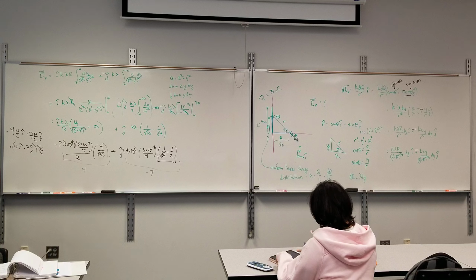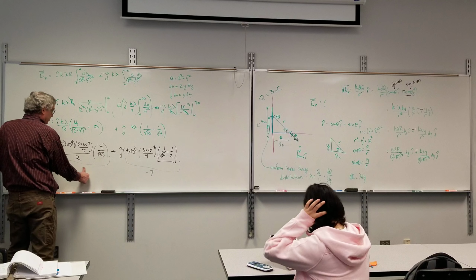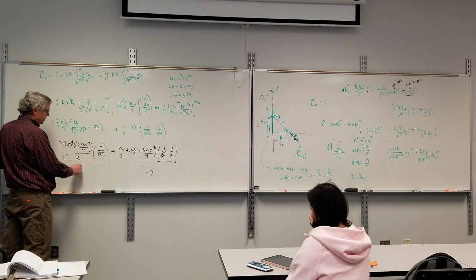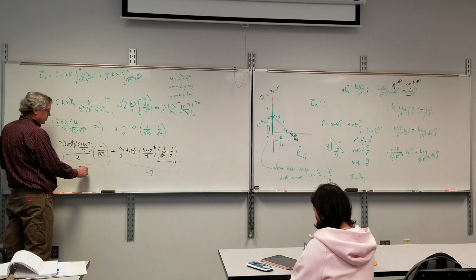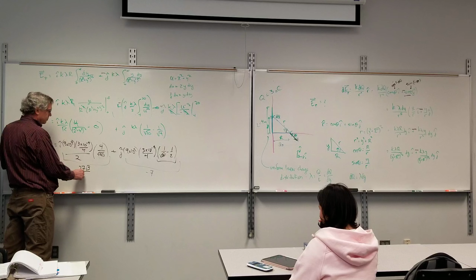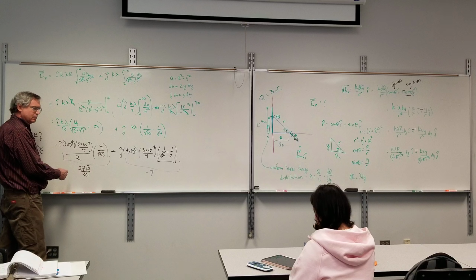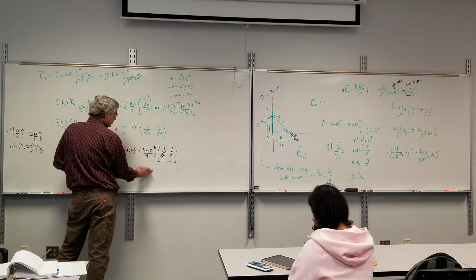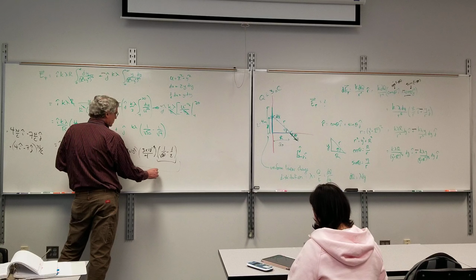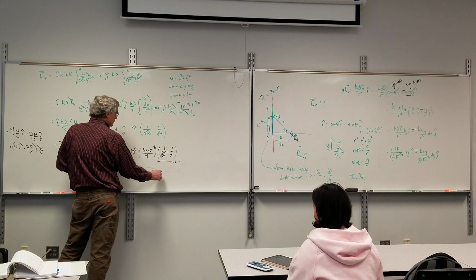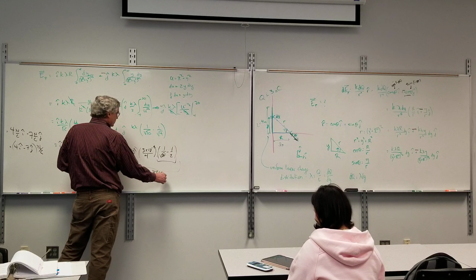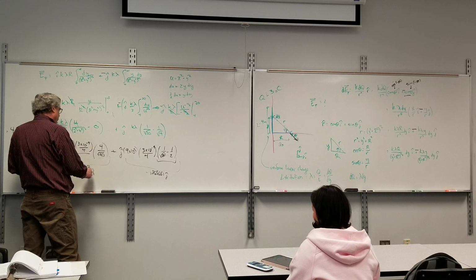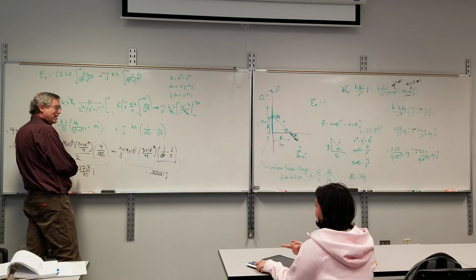Do we have legitimate answers now? I got 27 square root of 5 over 20 for I hat, and then for J hat, I got negative 1.865651. Is there a reason you didn't just use the calculator?